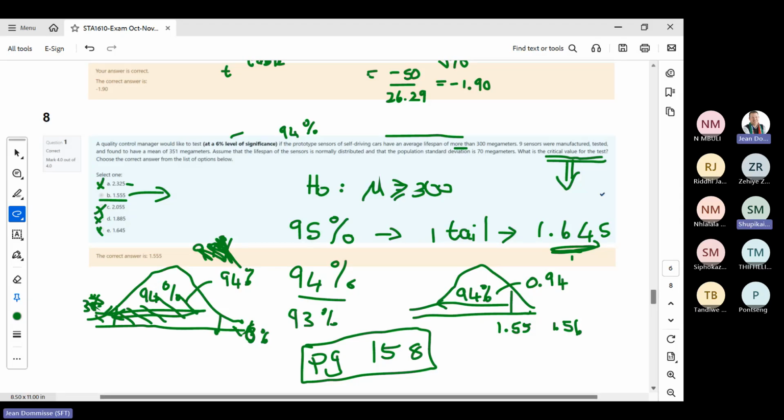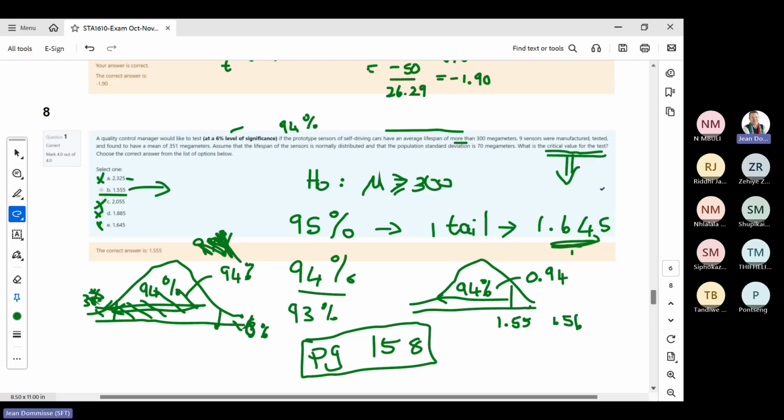I thought you get it from critical values, the table for critical values. So you can get the critical values from the big tables, or the 90, 95, and 99%, which is used in all the questions.